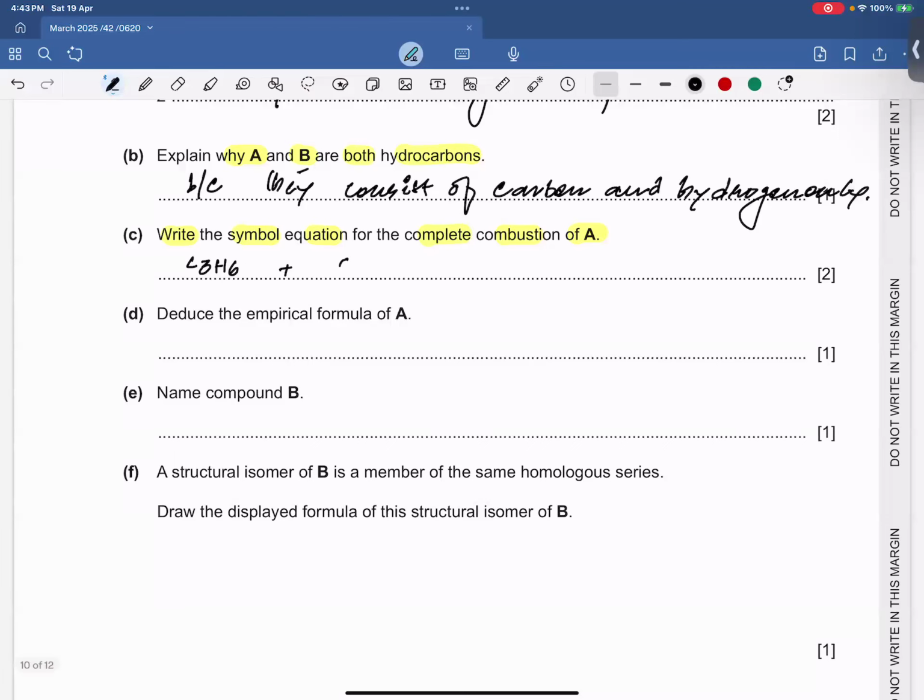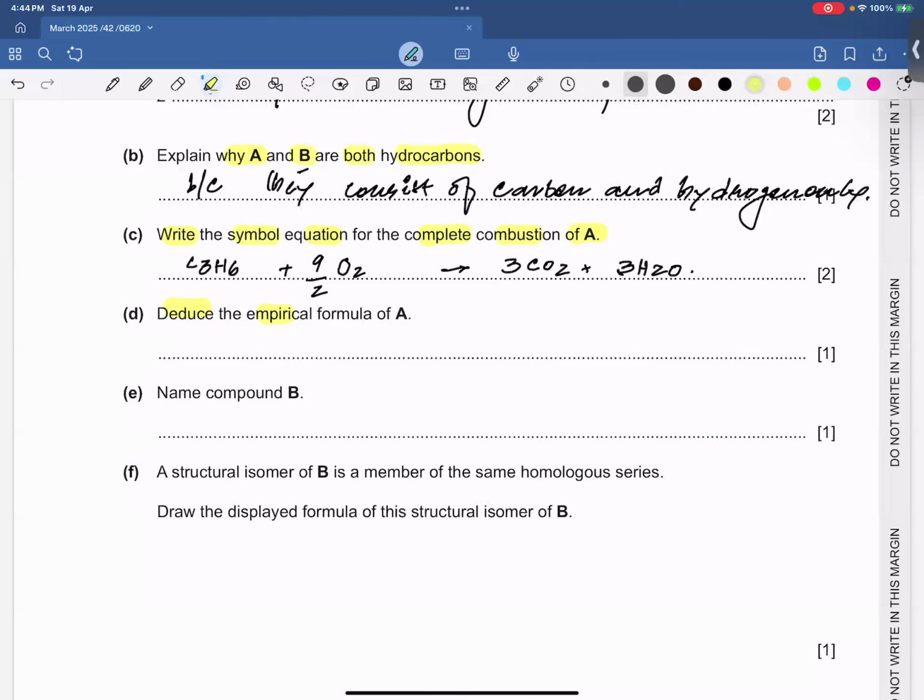Complete combustion the examiner is talking about, so we need oxygen converting into carbon dioxide and obviously water. So let's check how many oxygen we have on the product side. 3 times 2, 6, 6 plus 3, 9. So it's basically 9 by 2. Or you can multiply the entire equation by 2 also. That's also acceptable, and this fraction value equation is also acceptable in the paper.